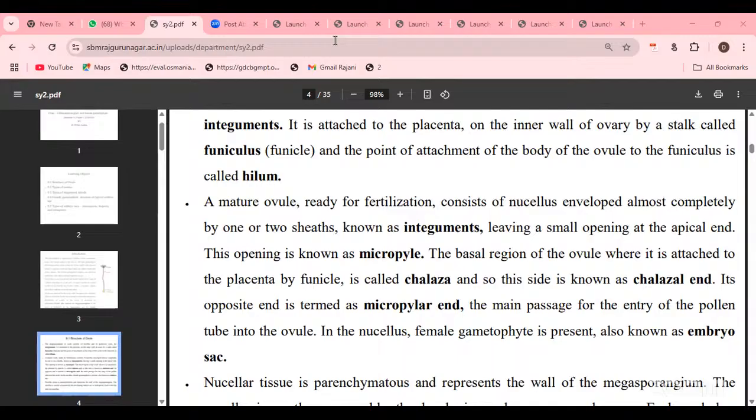Another one is the structure of the basal part. The basal region of the ovule is where it is attached to the placenta by the funicle, called the chalaza.